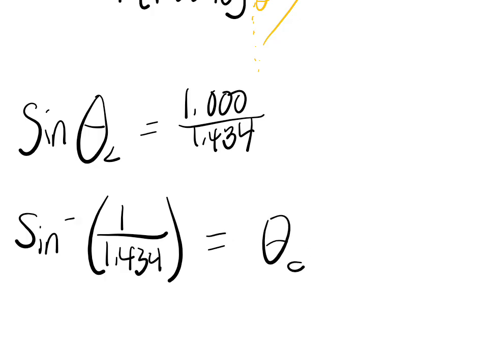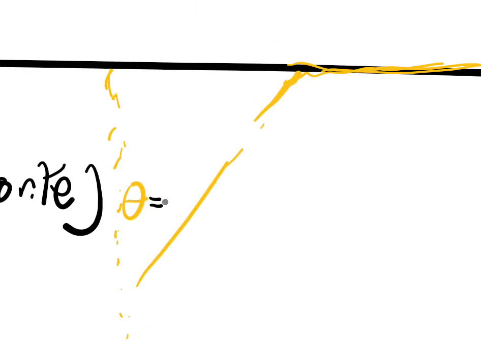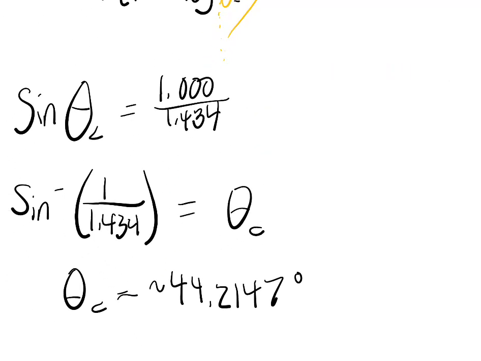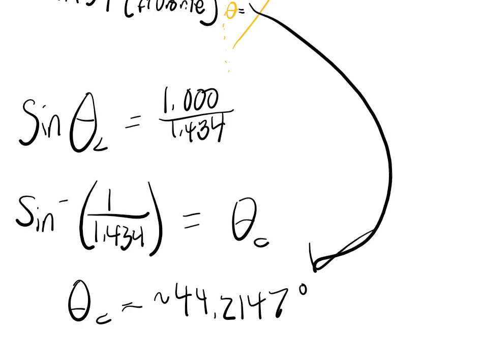And we get theta critical is equal to just about 44.2147 degrees. So we know this theta right here is equal to that, right? There we go, that's that problem.